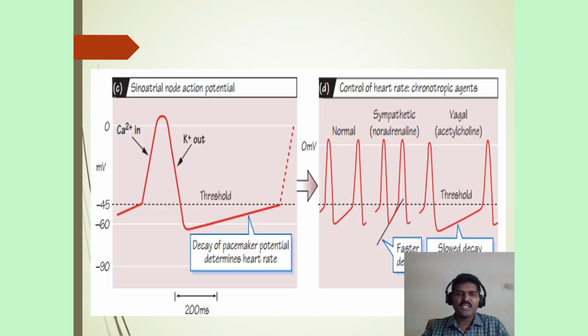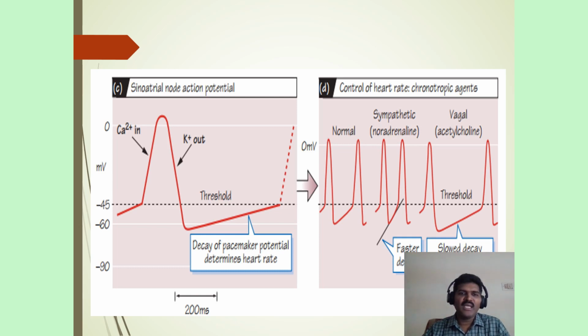So this is a picture depicting the sinoatrial node action potential. The resting membrane potential is about minus 60 millivolts. When it reaches about minus 45 to minus 40 millivolts, there is an action potential. During the action potential, there is influx of calcium.